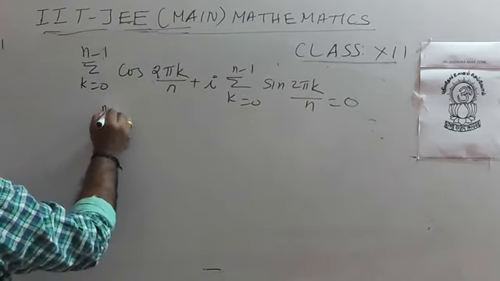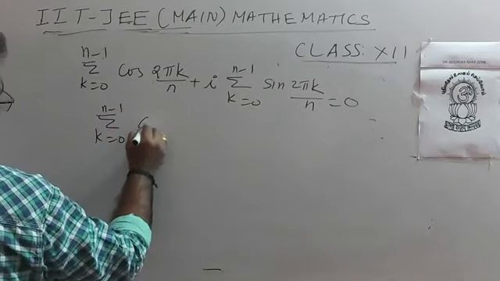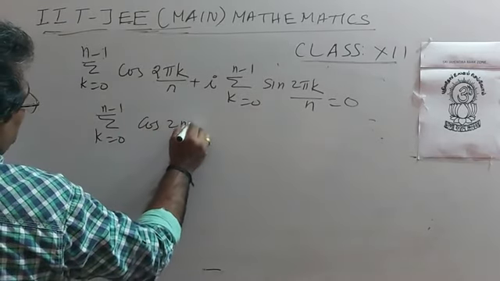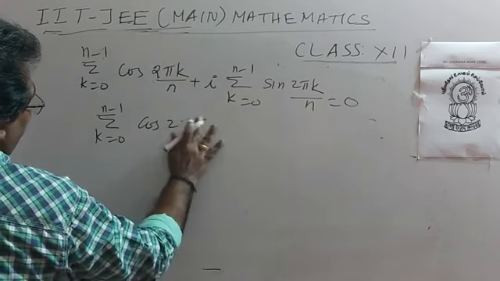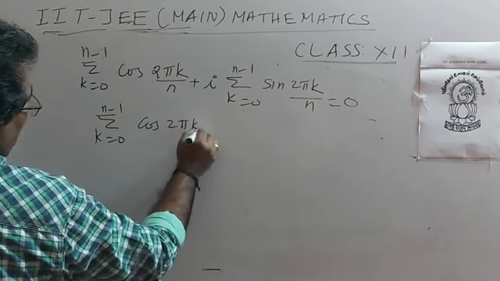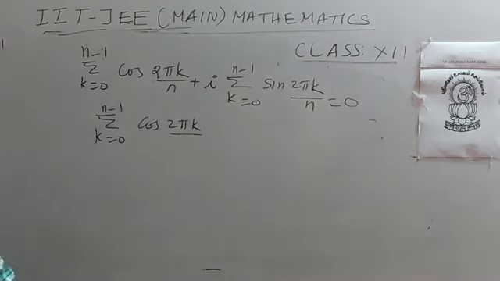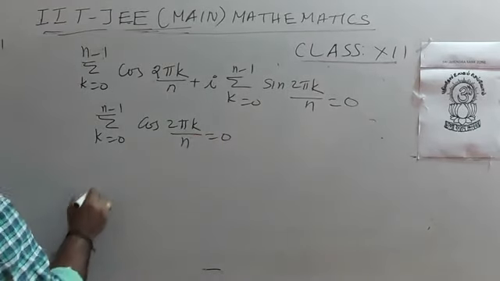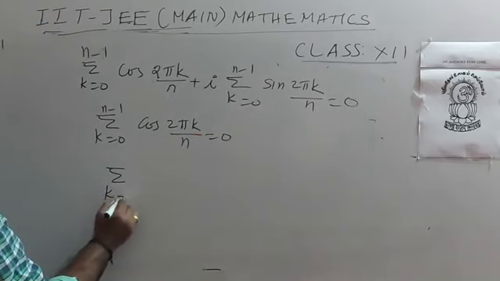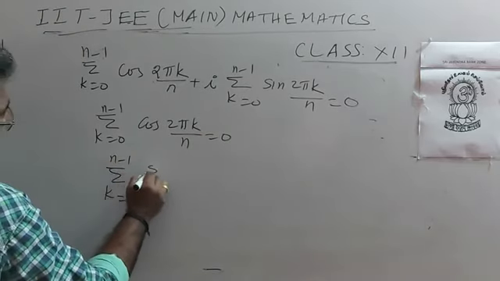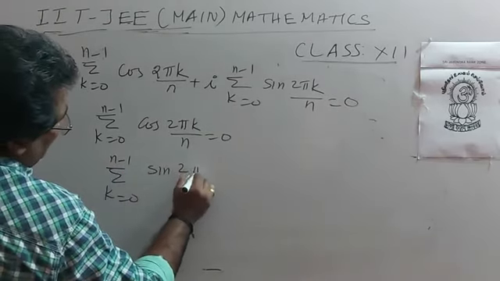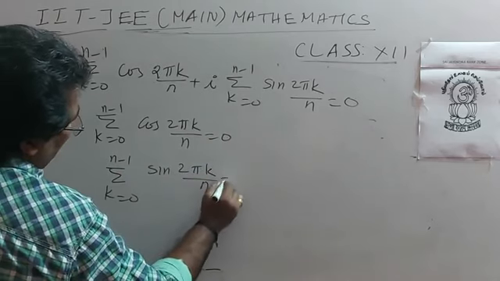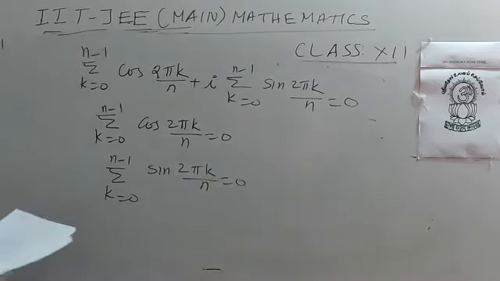So summation k equal to 0 to n minus 1 of cos 2 pi k by n equal to 0, and summation k equal to 0 to n minus 1 of sin 2 pi k by n is also equal to 0.